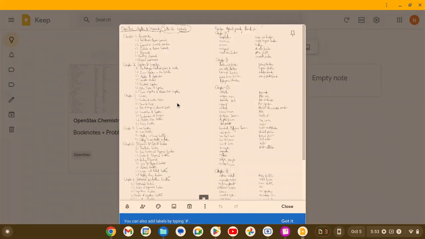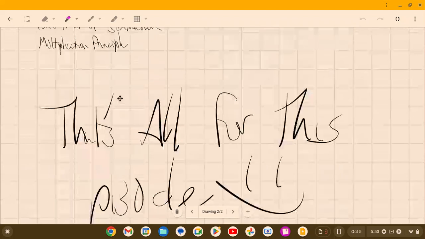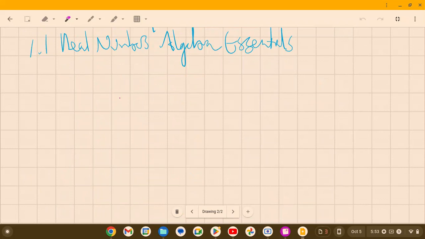And we'll go ahead and pop into here. Okay, bookmarks. Examples.